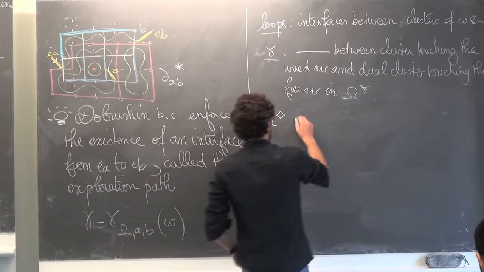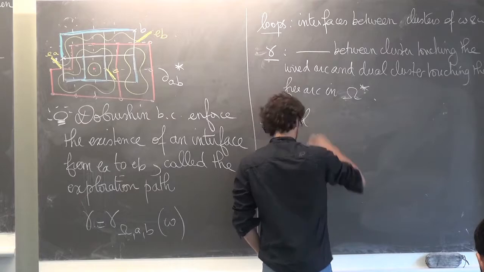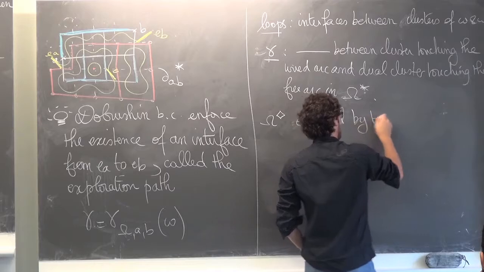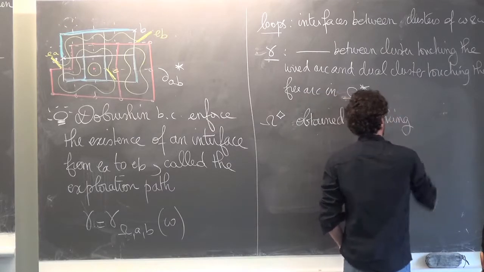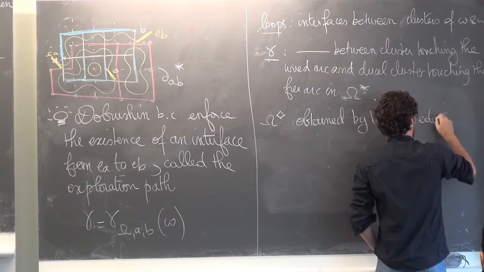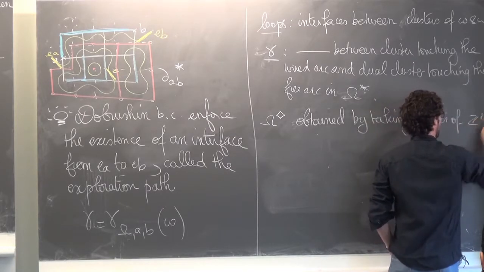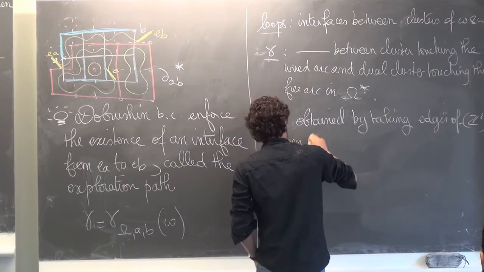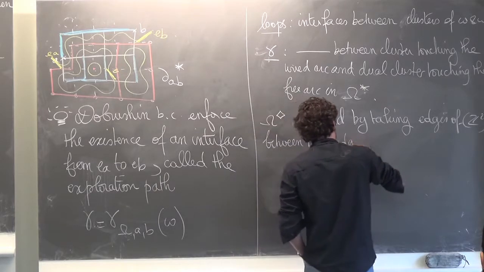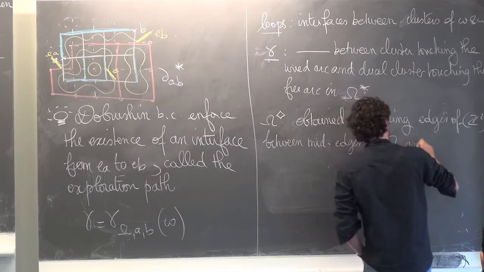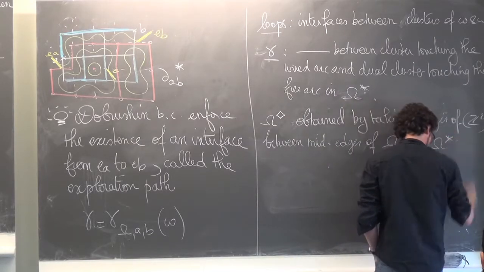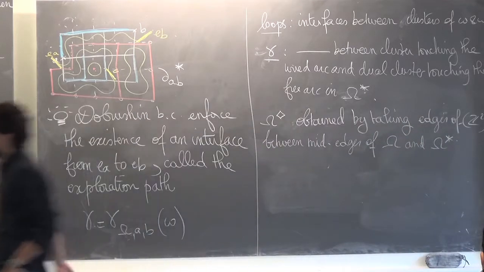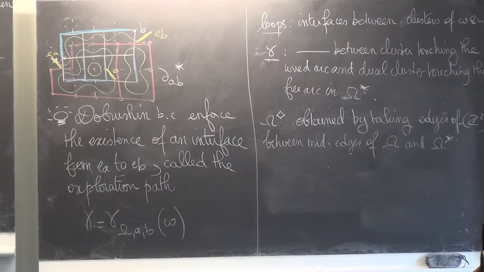So the medial graph is obtained by taking edges of the medial lattice between mid-edges of omega and omega star. Okay. So we have basically everything we want. Now we can define the observable.